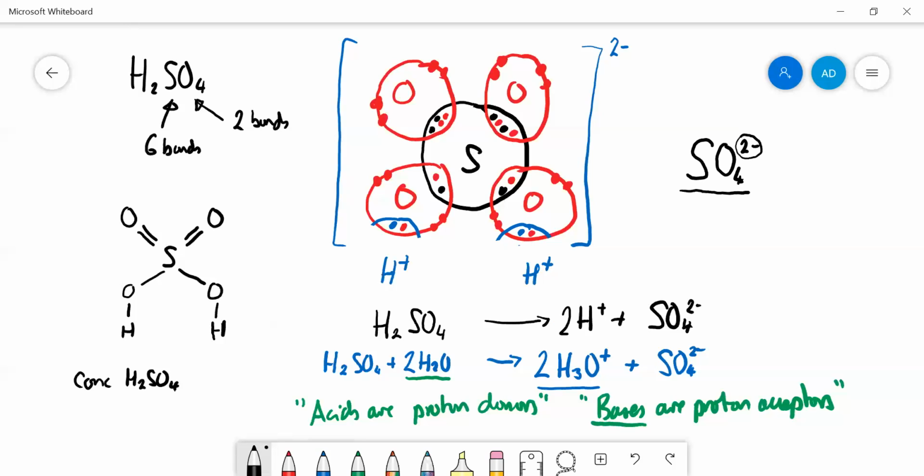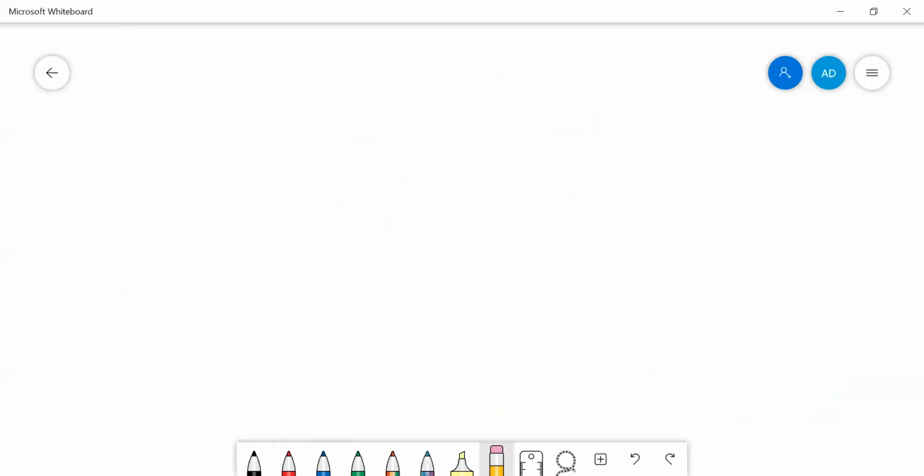While we're here, let's just talk about phosphoric acid, which we don't really need to know about, so if you like, you can fast forward this bit, but let's just have a think about phosphoric acid. Right, phosphoric acid has got the formula H3PO4.